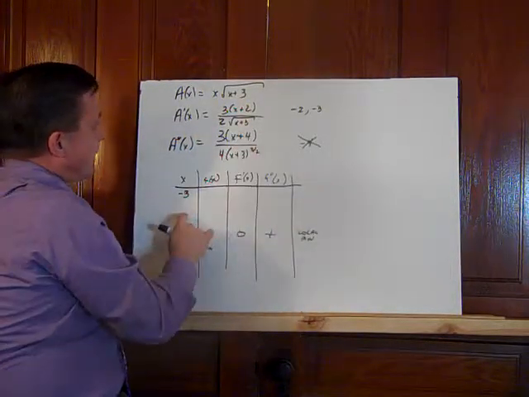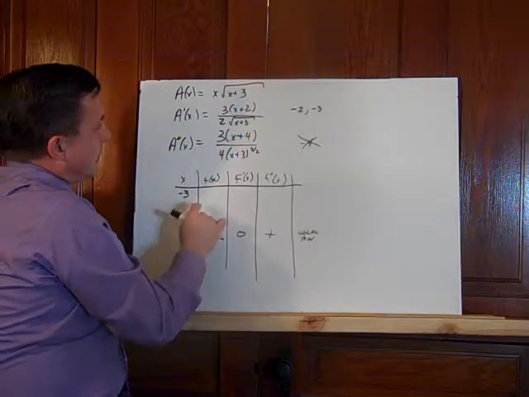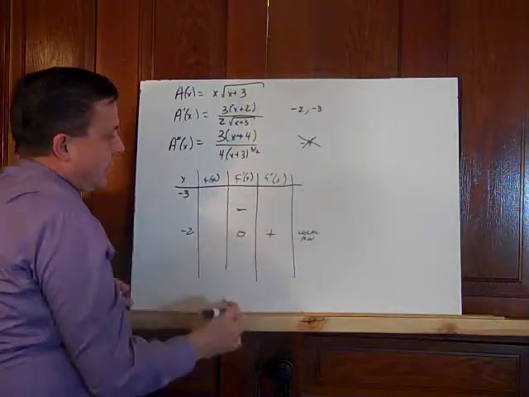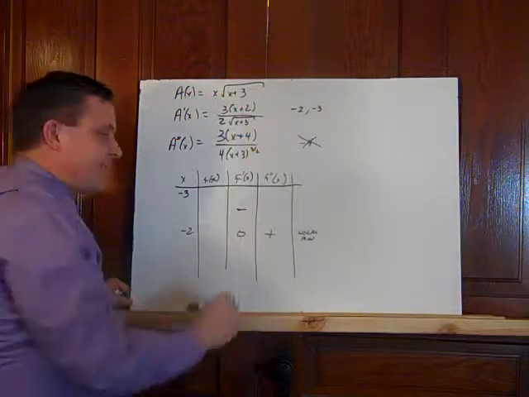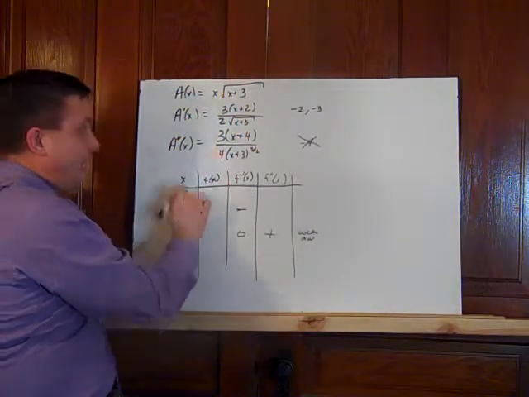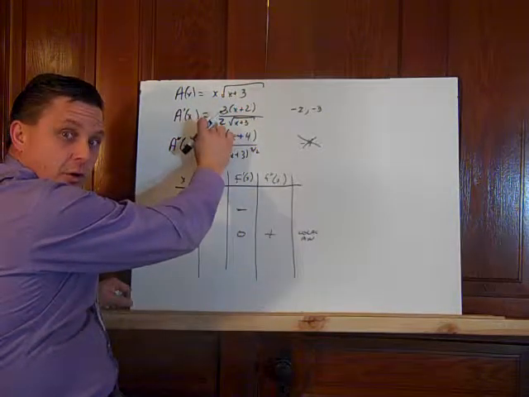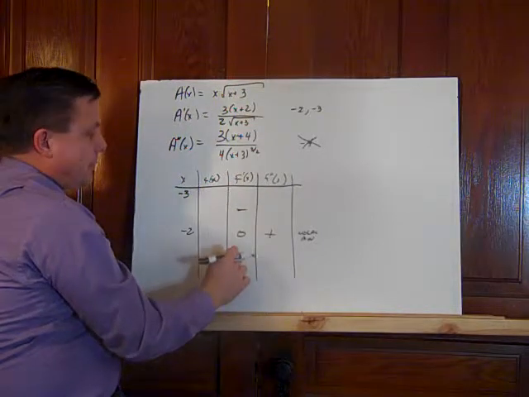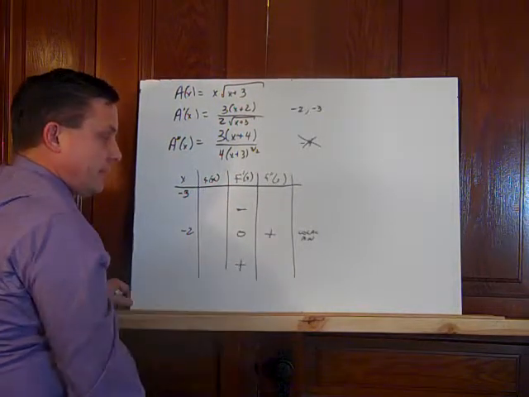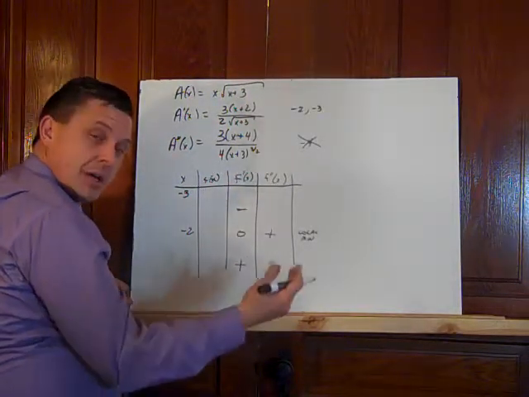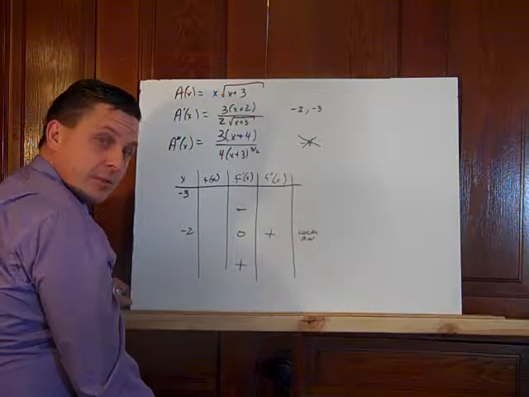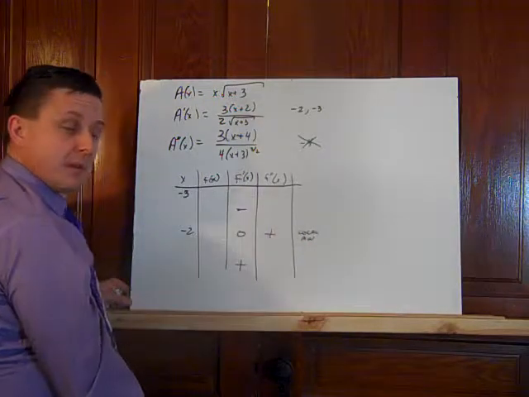If I plug in negative 2.5, it's negative. It should be negative because I forgot, I gotta use negative 2.5. Slowed down there because it wasn't going to work. If I plug in a big positive number, it's positive. So this is a local min. And there are no points of inflection. And it's concave up everywhere in its domain.